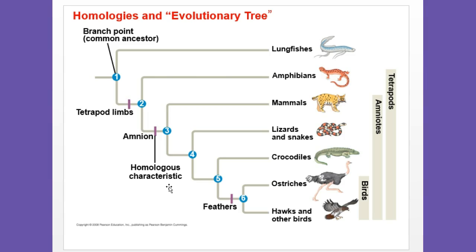Birds are nested within and evolved from reptiles, hence the group of organisms called reptiles technically includes birds. So your reptiles and your ostriches are close living relatives. This is your most recent common ancestor between a hawk and other birds and lungfish. Does that make sense?